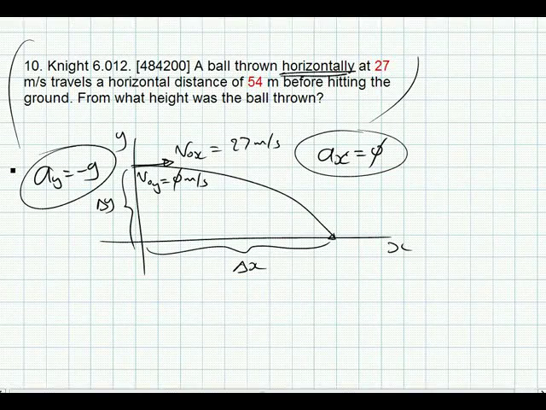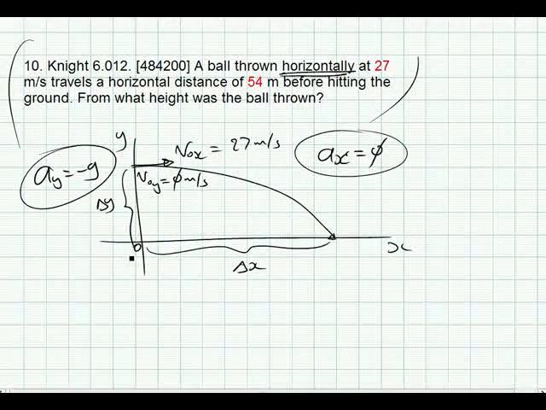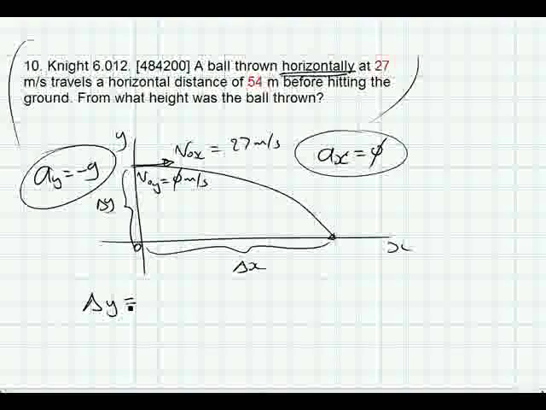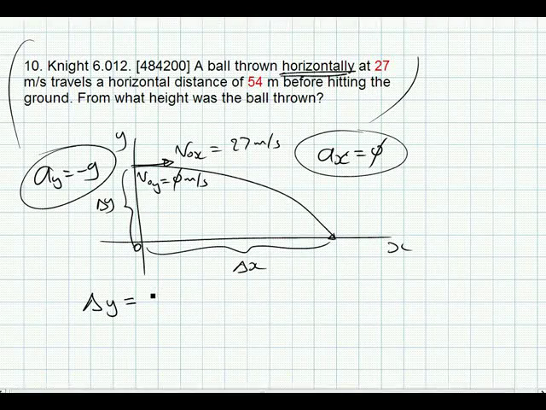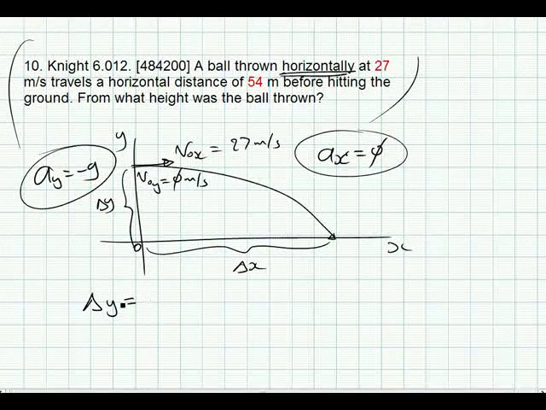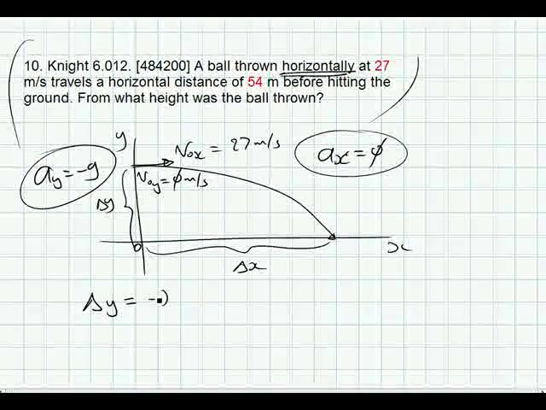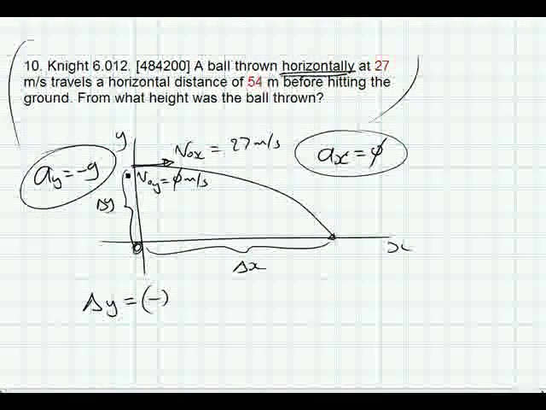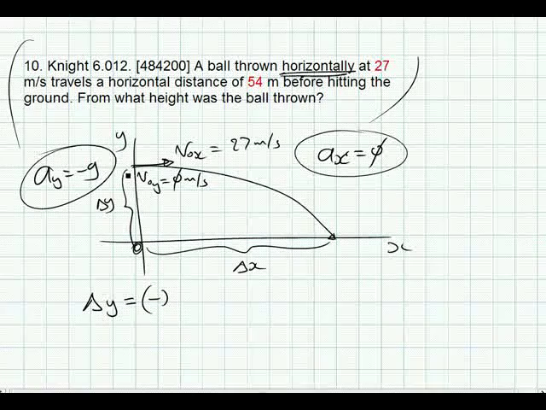Alright, and here if we go with the ground being our 0 of the reference frame of the coordinate system, then delta y, the distance traveled, is well, you will end up with a negative value for delta y, so don't be alarmed, because the final position of the ball will be 0, and the initial position is what we're after, how high the ball was thrown.